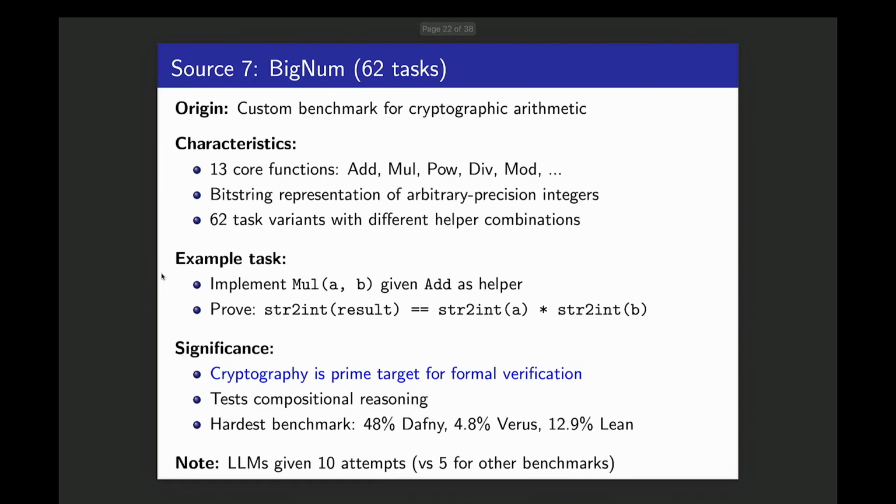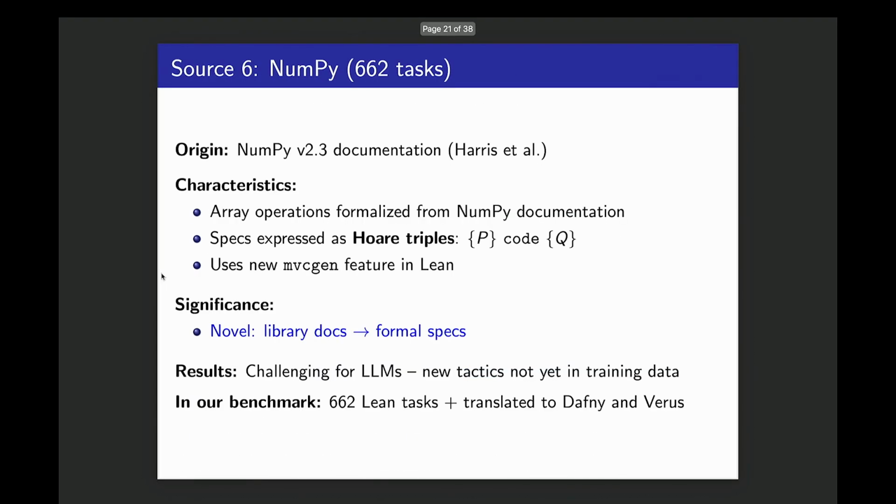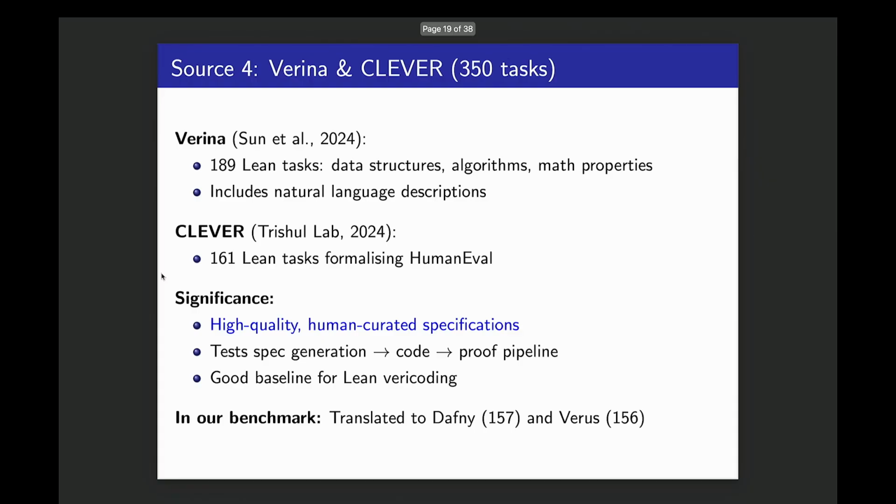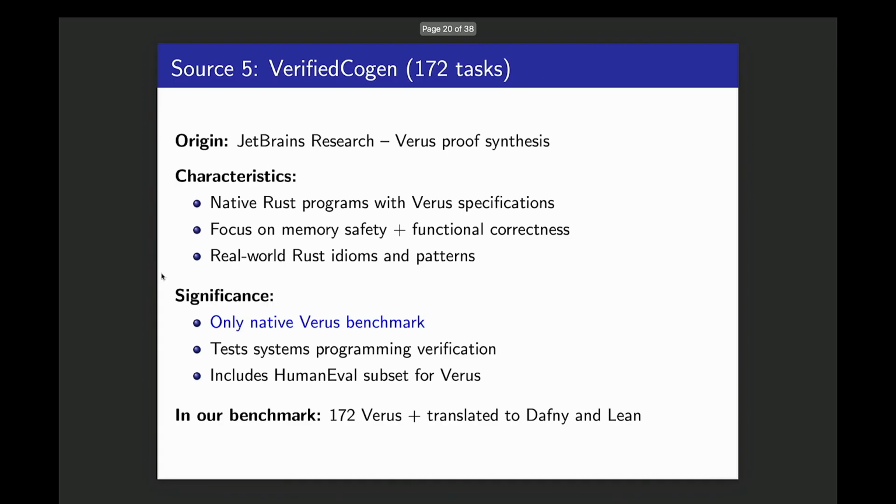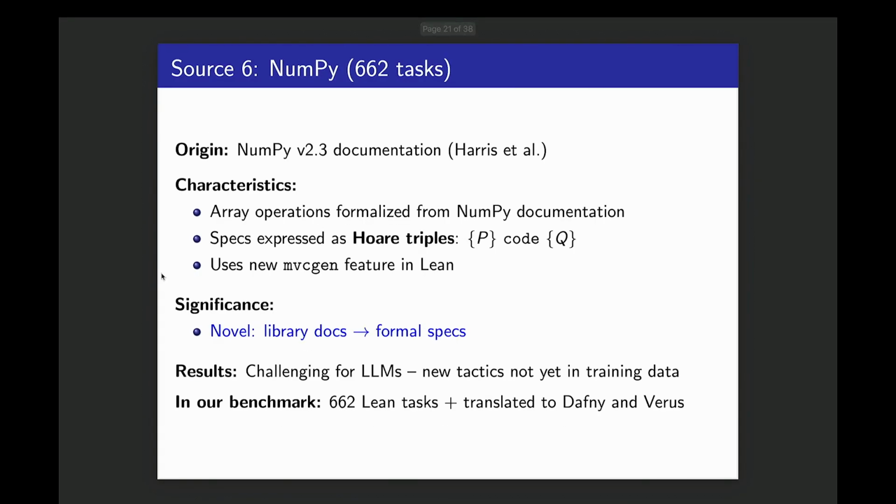Verina and Clever are very good, clean benches, and we translated them to Verus and Dafny, but the gold standard for human eval exists for Lean and not yet for other languages. That's part of the future and ongoing work.